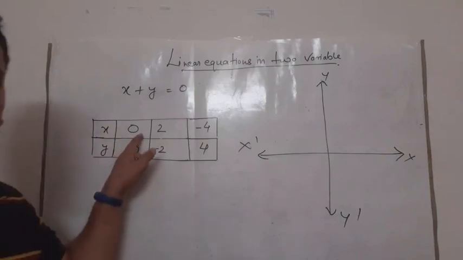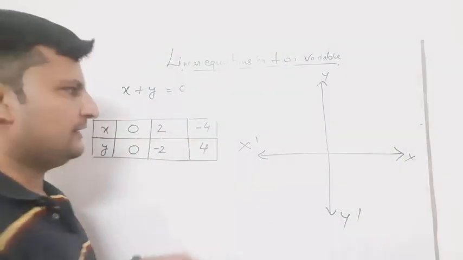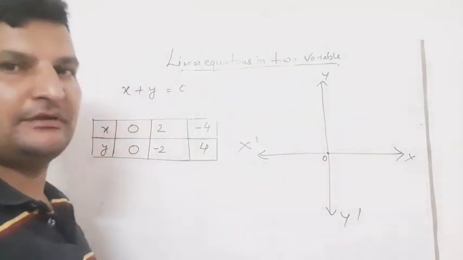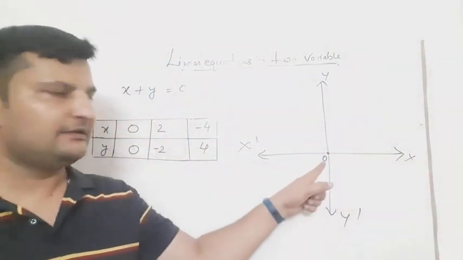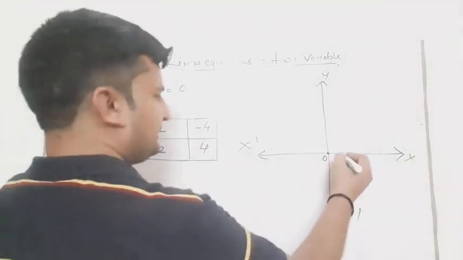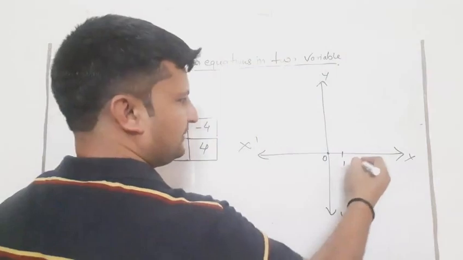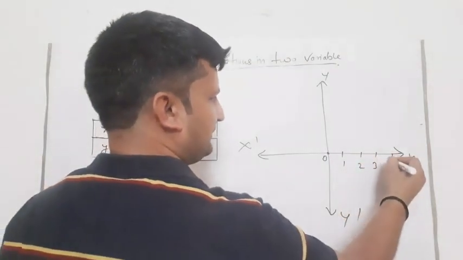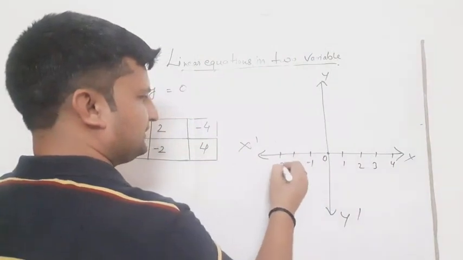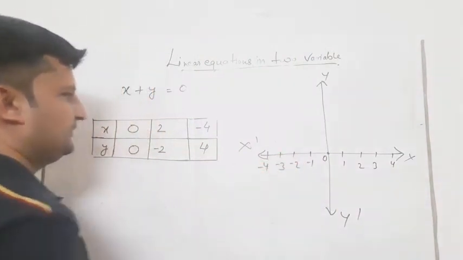This point is O. We have already understood that O means origin. The coordinates of the origin are 0, comma 0. So 1, 2, 3, 4. Minus 1, minus 2, minus 3, minus 4.